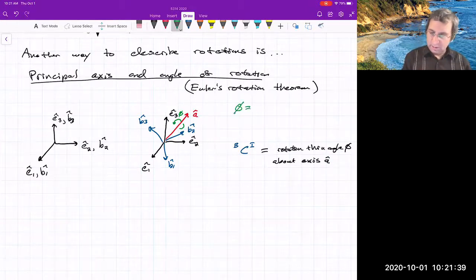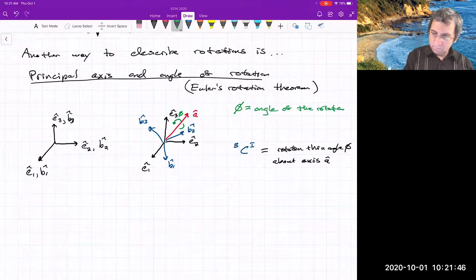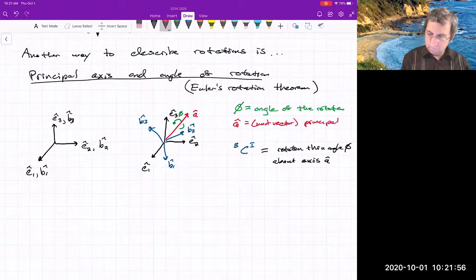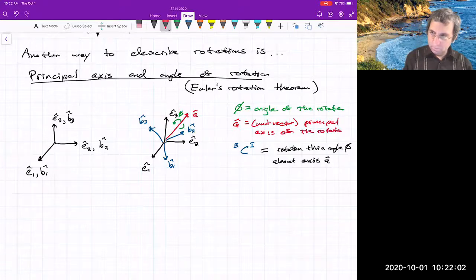Phi is the angle of the rotation, and a hat is a unit vector called the principal axis of the rotation. So what does this mean?